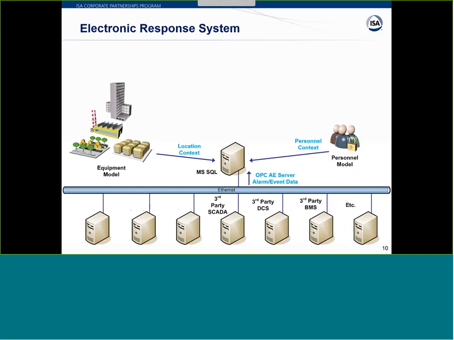Another major component of this is the dispatcher. What you will see here is in this, what I call alarm response server, and this usually takes the form of a VMware image running on a VM server. What happens is that you'll hook your OPC A&E data or HDA data, or your native driver will connect through this.